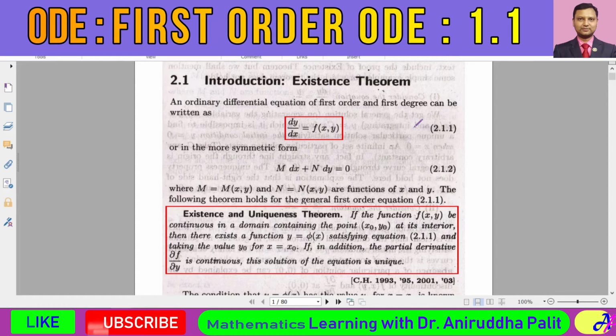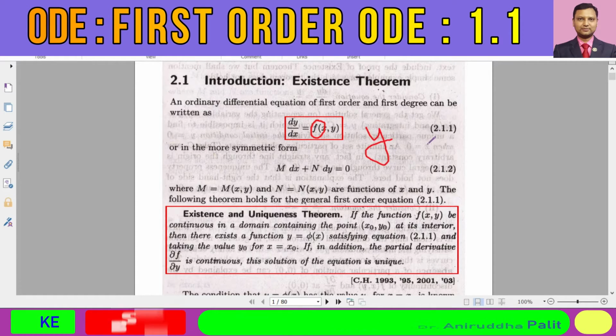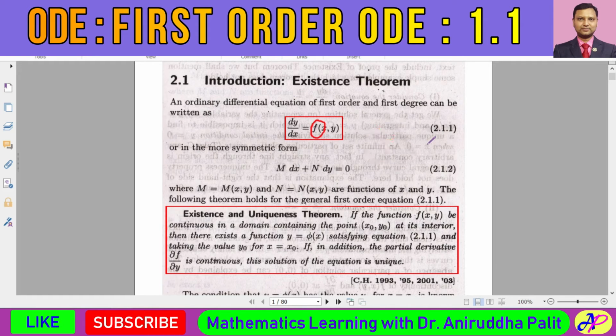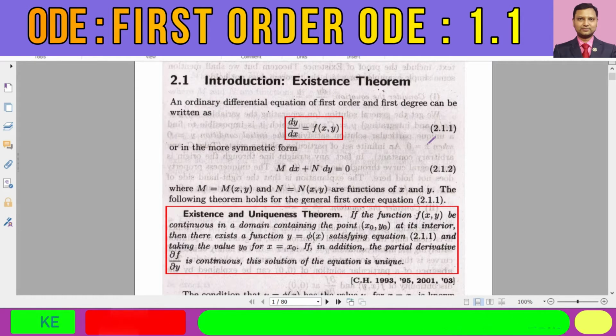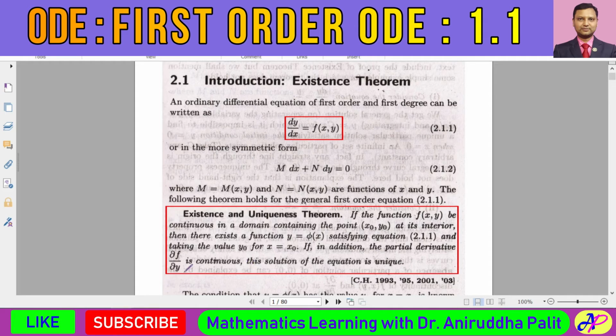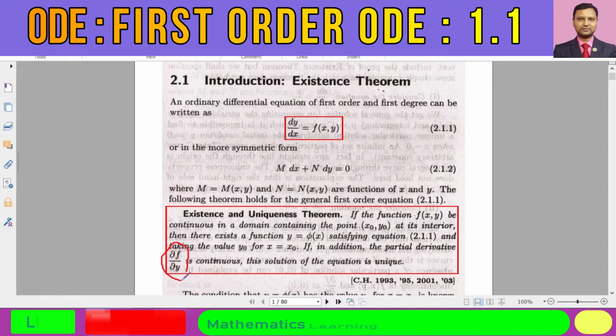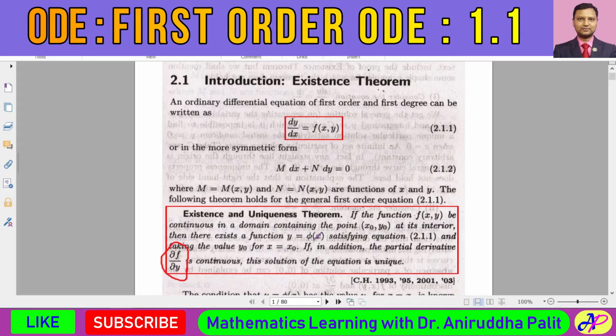If this is a continuous function and along with that the derivative of this function f with respect to y, keeping x fixed, this kind of derivative is called a partial derivative, and it is written by this notation: del f del y. If this derivative is continuous, in that case we can have a unique solution of this differential equation.